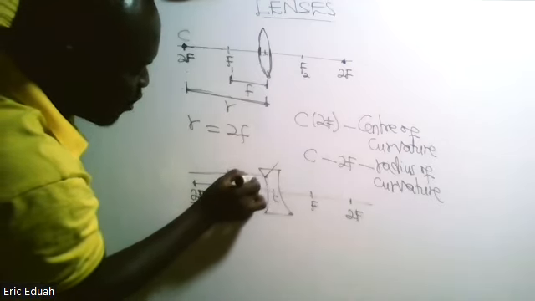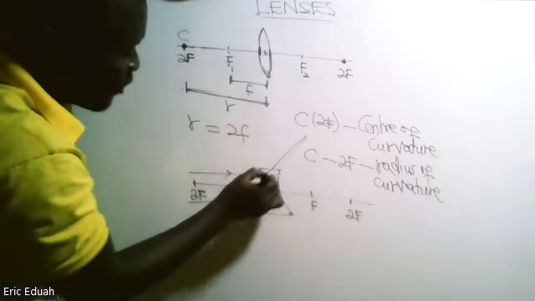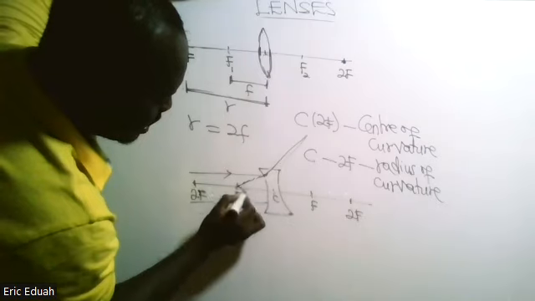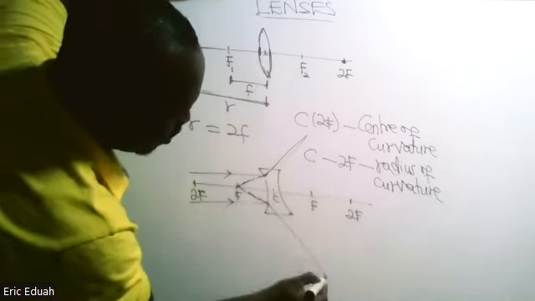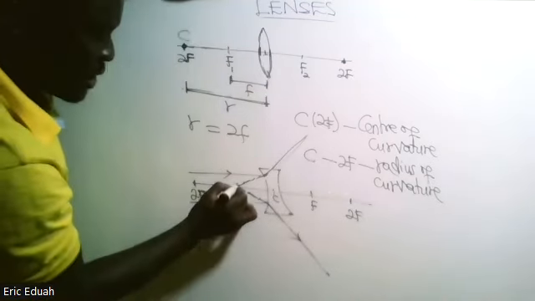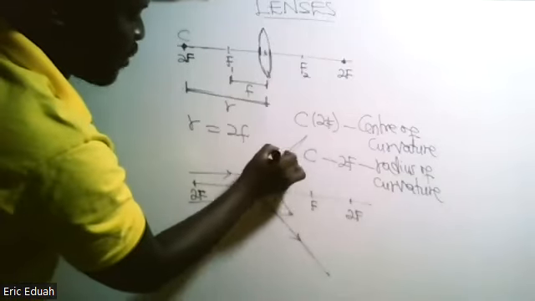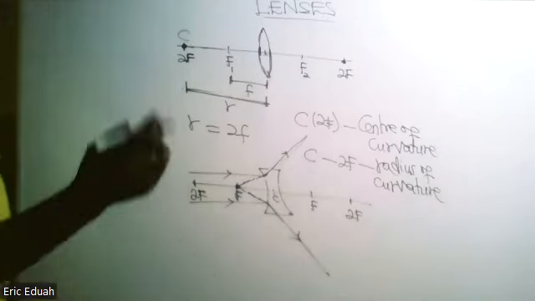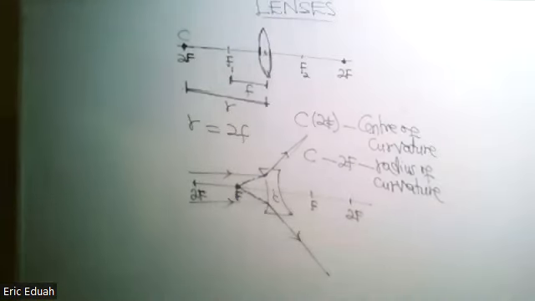So the ray would always appear to be refracted from this point. This one would also appear to be diverted from this point. So this is the focal point or principal focus. It's virtual. It isn't actually there.